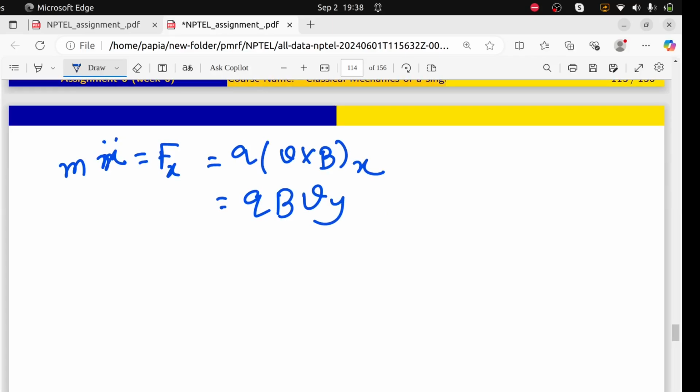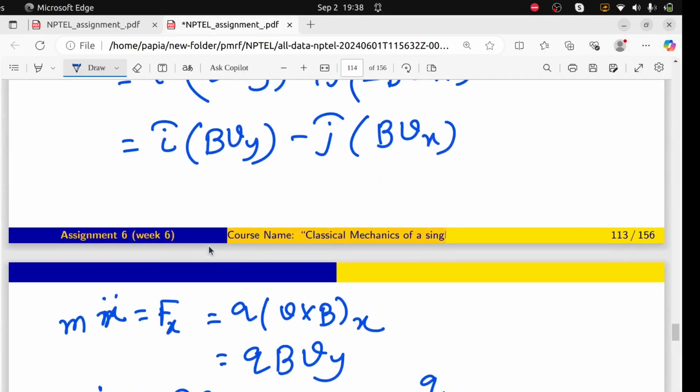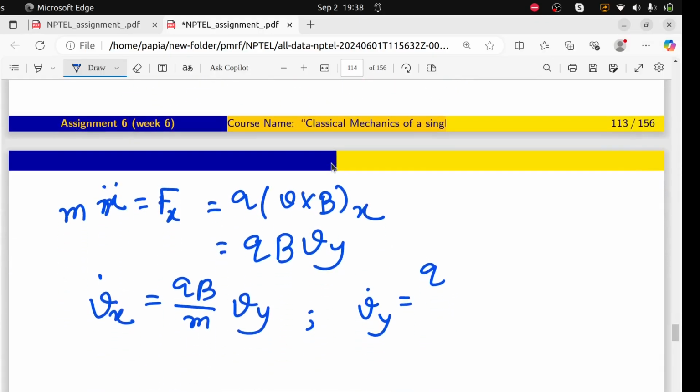So I can write here Vx dot equals qB by m Vy. Similarly, Vy dot, here you can see there will be a minus, so minus qB by m Vx.